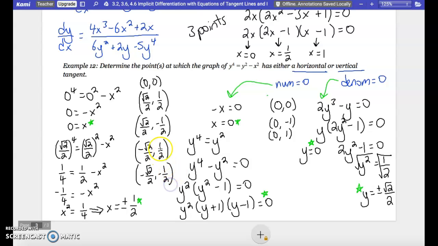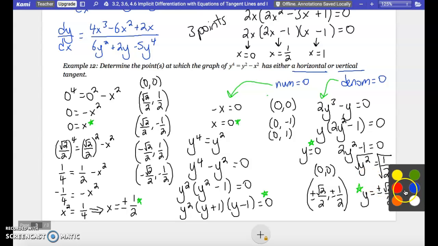So there's really 5 points, and you can technically condense these by writing just plus or minus root 2 over 2, comma, plus or minus 1/2. So technically there's 4 points right there. Those would be points where your denominator is equal to 0, where you'd have a vertical tangent line, and then the other one, 0 comma 0, would also be where you have a vertical tangent line.